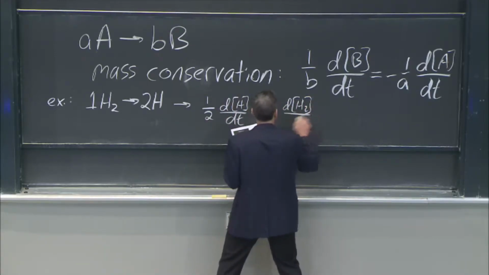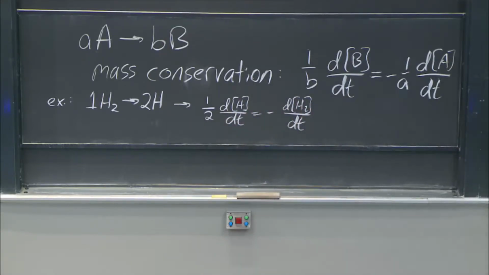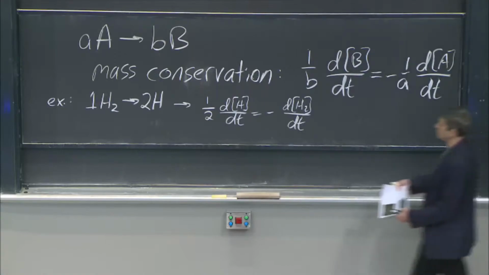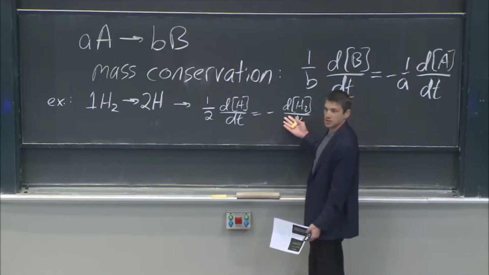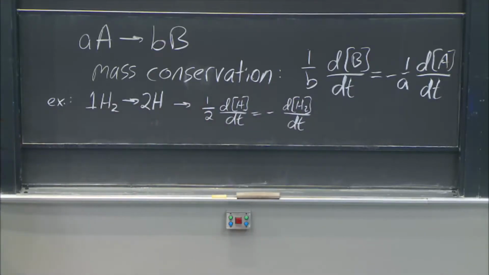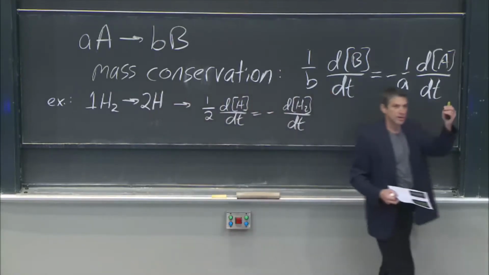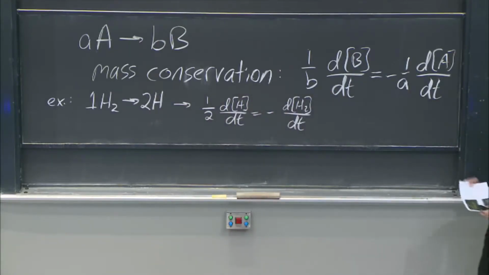That's just exactly what I wrote, but with an example. The rate of change of this must be twice the rate of change of that. Stoichiometric coefficients make sure I don't lose anything. That's why you've got to have these there.